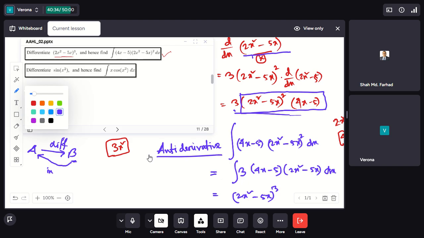But there is a problem. We don't have 3 here, so we have added 3 extra. That means we have to multiply by 1 by 3. Is it okay?